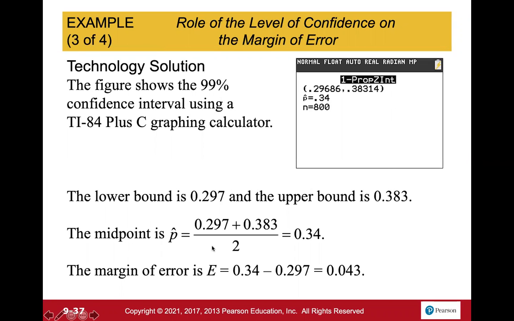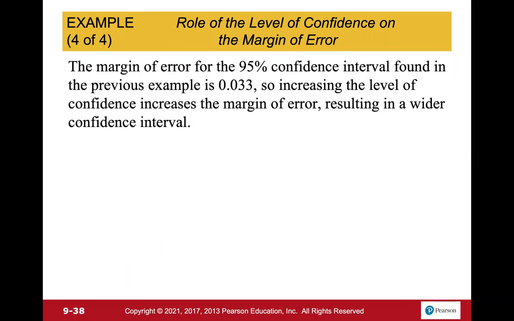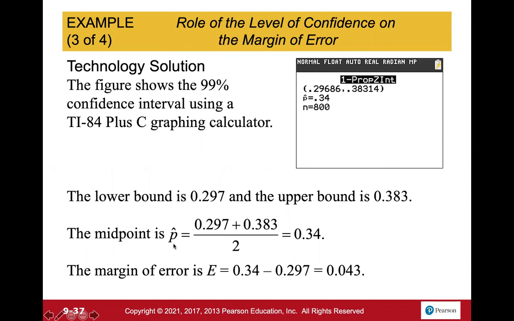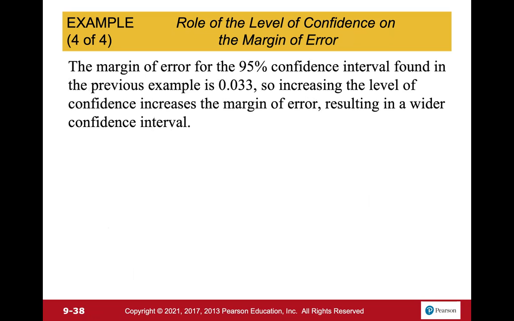And they got the midpoint here from the two. Just so you know, the midpoint is just what p hat is. The midpoint of the confidence interval is just going to be p hat because you go out the same distance to the left and to the right. And here, the margin of error for a 95% confidence interval found in the previous example was 0.33. So increasing the level of confidence increases the margin of error, resulting in a wider confidence interval.